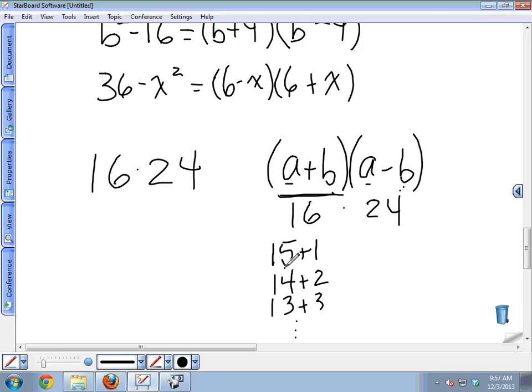If you put negative 4 for B and 20 for A, 20 and negative 4, but negative 4 doesn't have a square root.